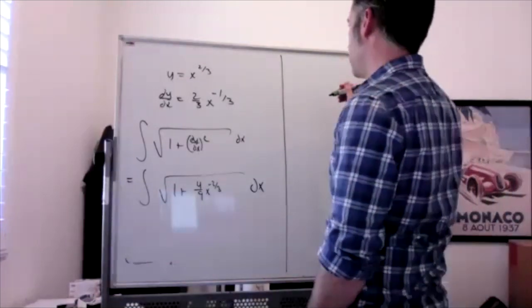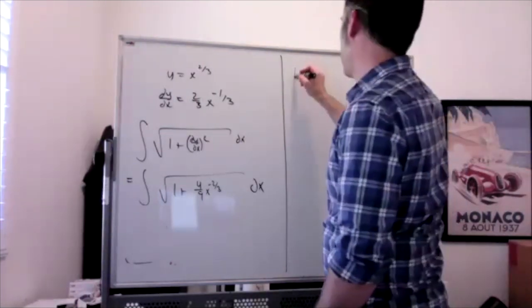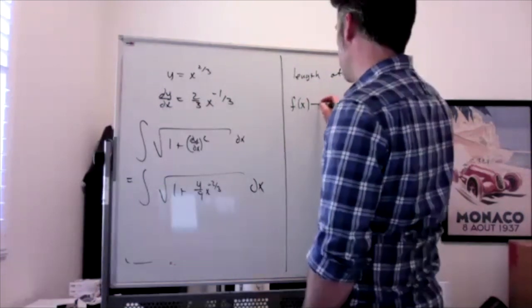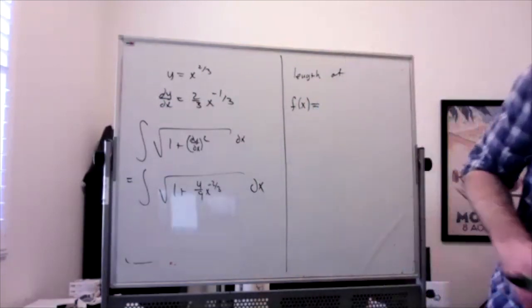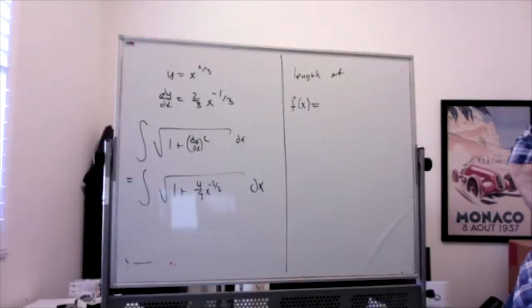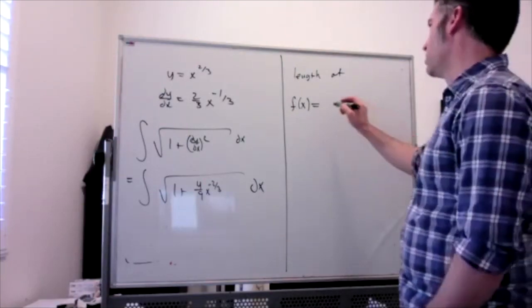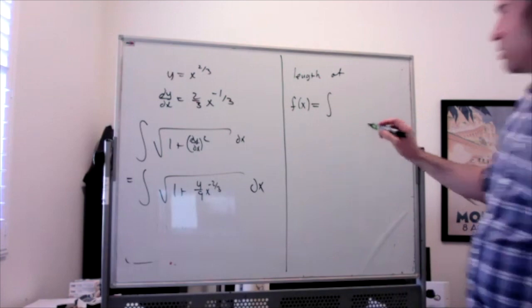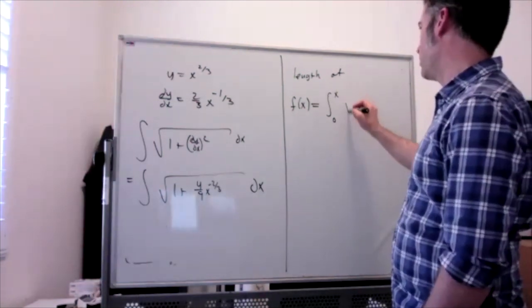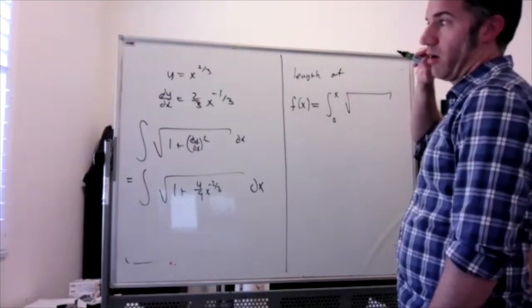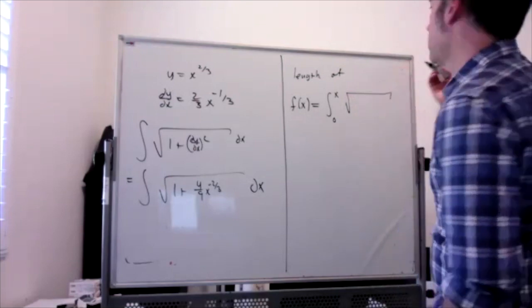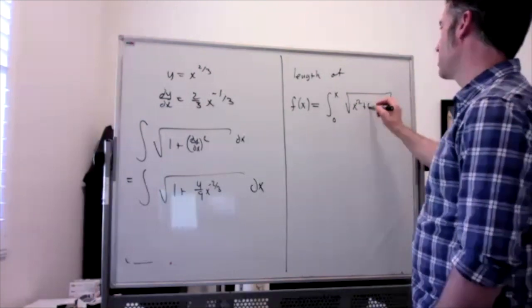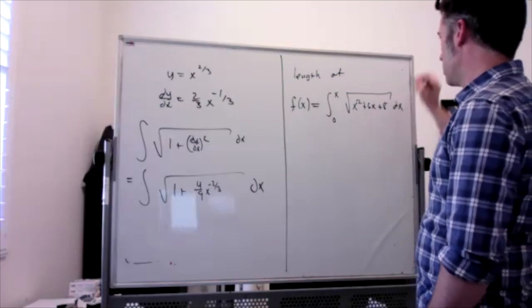I want to find the length of f of x equal to the integral from 0 to x of the square root of x squared plus 6x plus 8 dx.